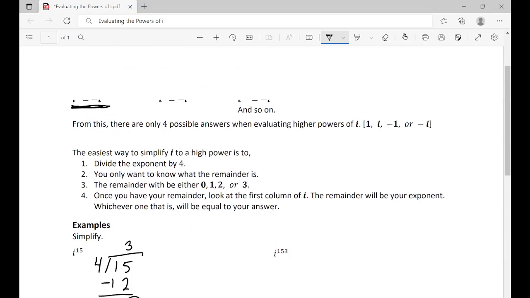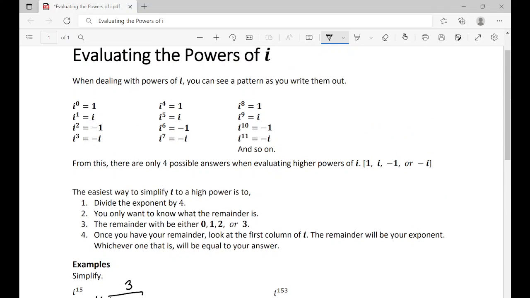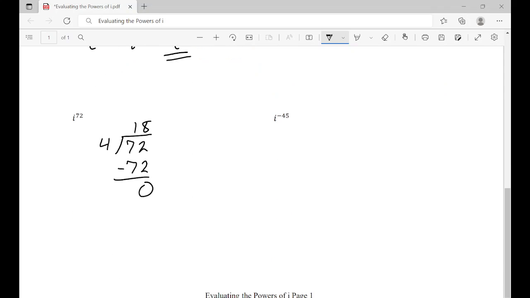Remember, since our remainder is 0, we're going to be focused on just this one here. i to the 0 equals 1. So i to the 72nd power is equal to i to the 0, which is equal to 1. So our answer here is just 1.